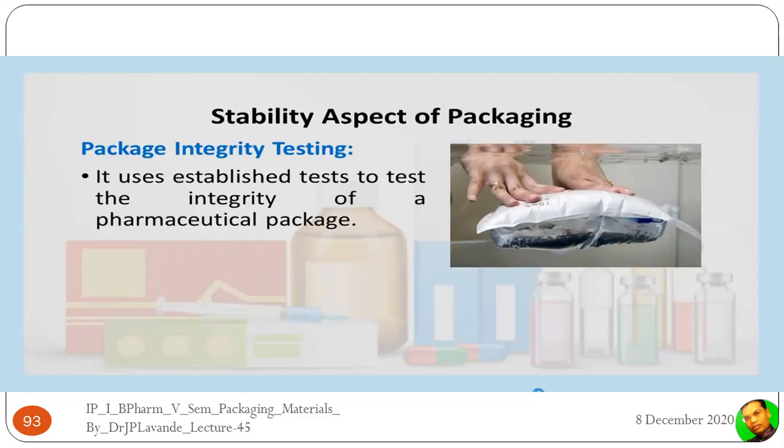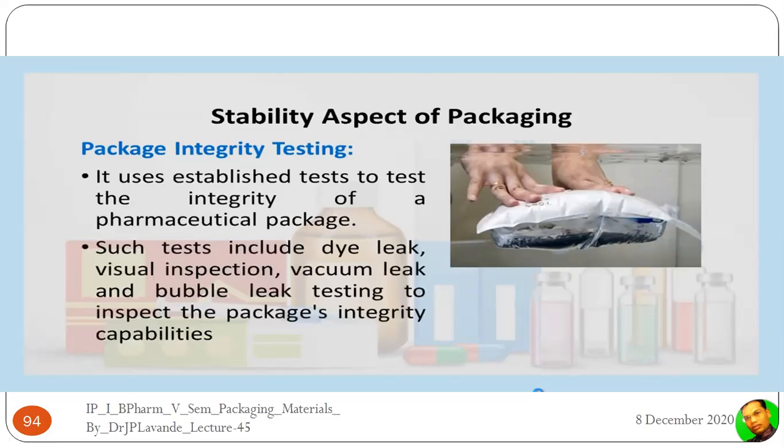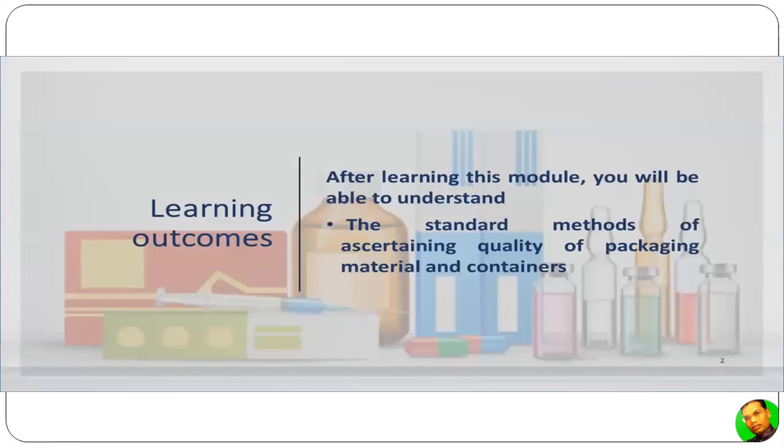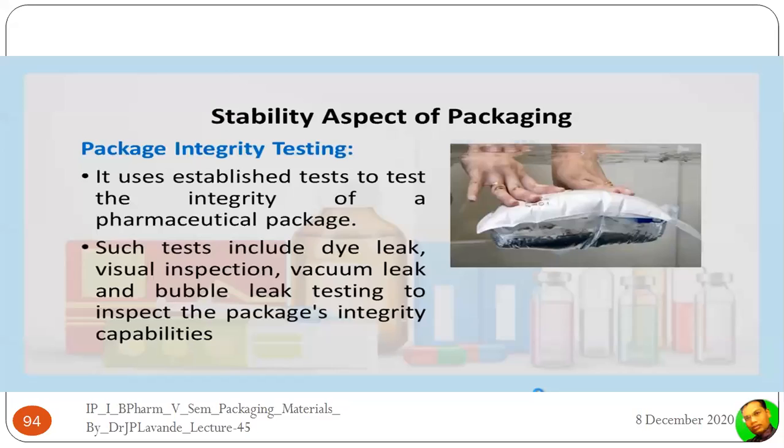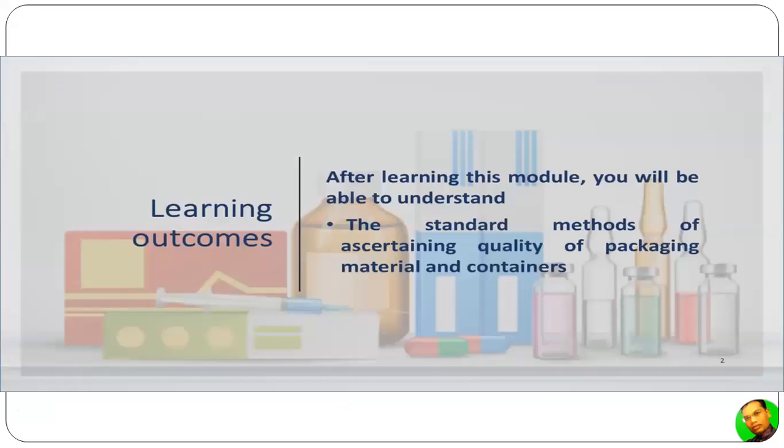It uses established tests to test the integrity of a pharmaceutical package. Such tests include dye leak, visual inspection, vacuum leak, and bubble leak testing to inspect the package's integrity capabilities. So this is all about the stability aspects of the packaging.